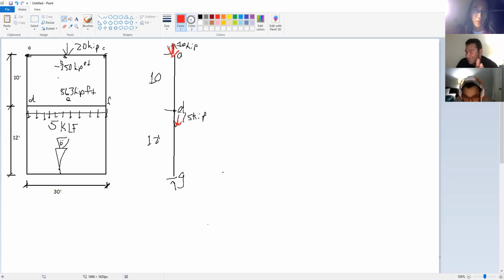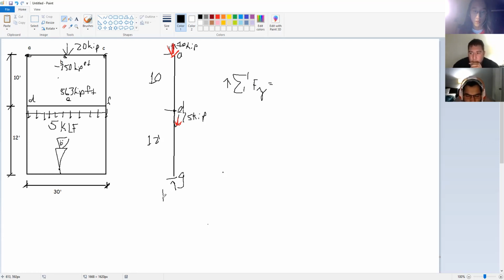All right, so we're going to finally take care of this. We take the summation of all the forces in the Y direction. So I'm going up. Everything's in the Y. So remember, this is an internal force. This is an axial force.